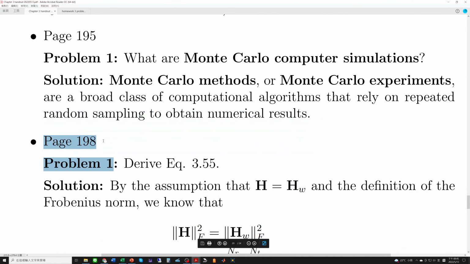Page 198. Problem 1. Derive equation 3.55. Solution.